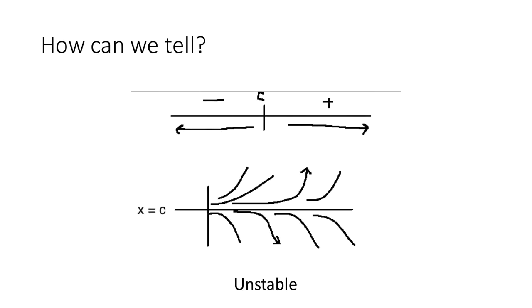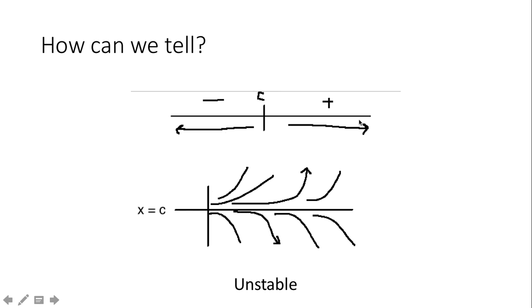So how can we tell? We can plug values into our dx/dt function. We plug in a value that's greater than c and a value that's less than c, and we look at whether it's positive or negative. If it's positive, then it's going to go right. If it's negative, then it's going to go left.